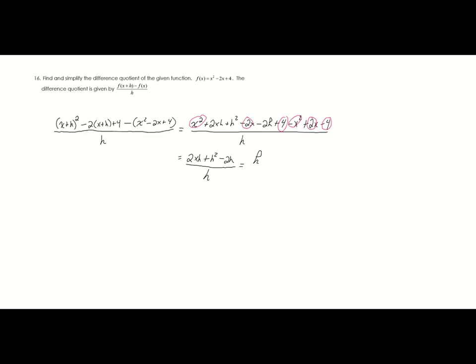So that'll be h times the quantity 2x plus h subtract 2. This means that the factor of h in the numerator and the factor of h in the denominator divide to 1, which leaves me with 2x plus h subtract 2 as my difference quotient.